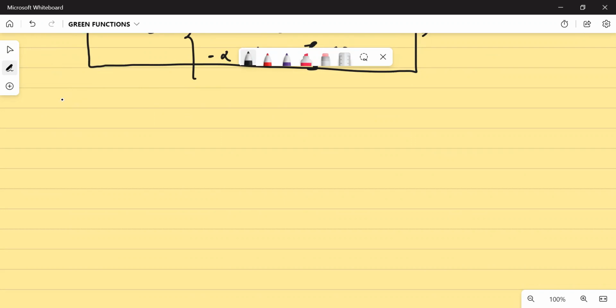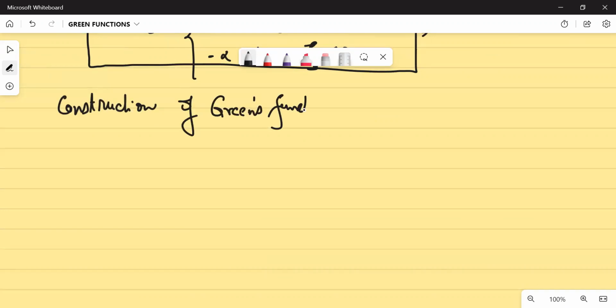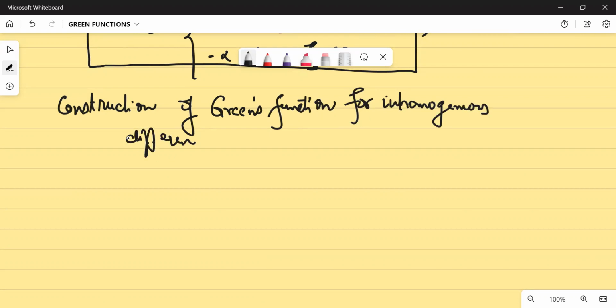So construction of Green's function for inhomogeneous or non-homogeneous linear differential equations.